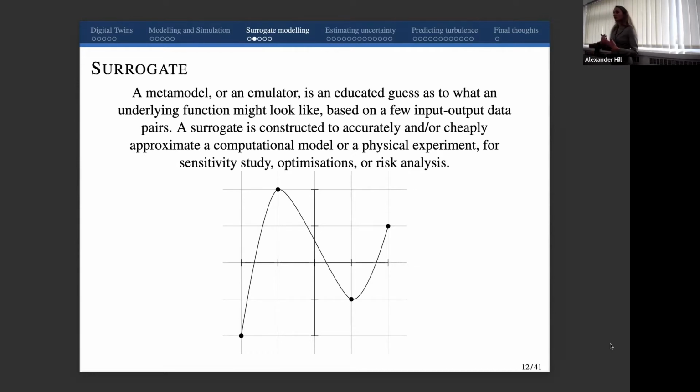So that's the aspect that distinguishes it maybe from purely data-driven type approaches, because there is some other simulator that we could use. We could perform some expensive experiments, but for studies such as sensitivity analysis, optimization, we cannot afford having repeated experiments. Therefore, we're going down the route of constructing a surrogate that is some kind of approximation, but luckily allows us to obtain many samples at a lower cost.